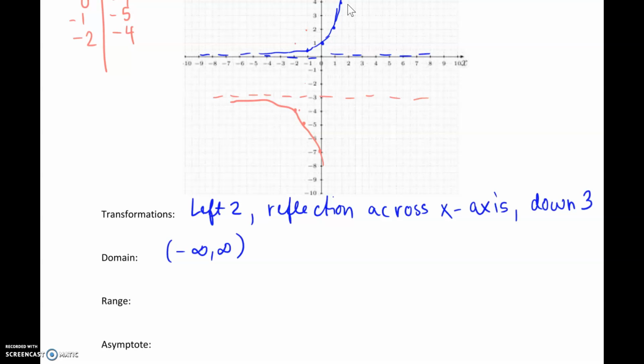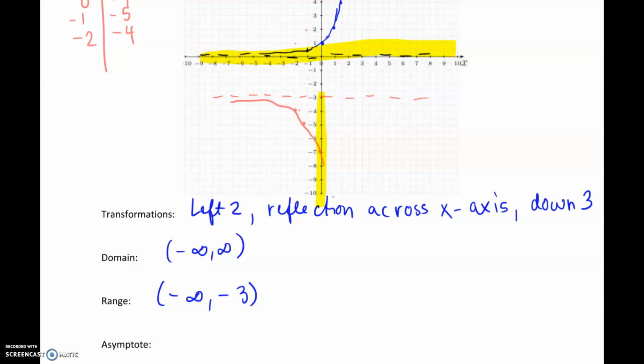And then when we moved our graph down, our range was from negative infinity to -3. Again, if we're looking at our y values over here, that would be anything below -3, where our x values could be anything from negative infinity to positive infinity.